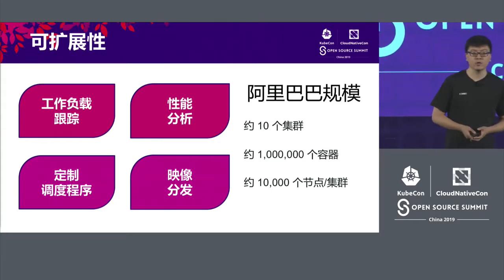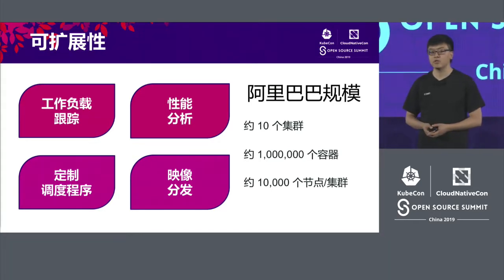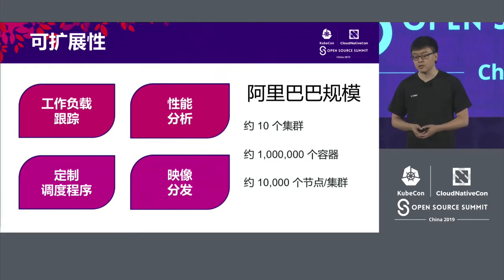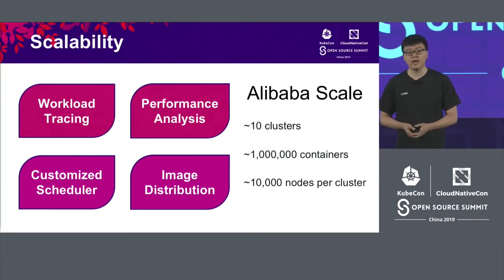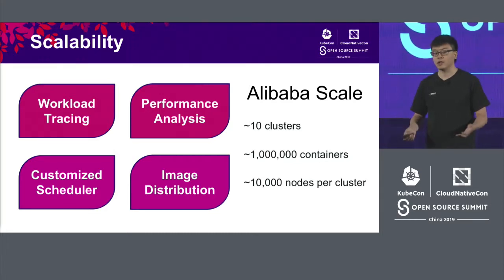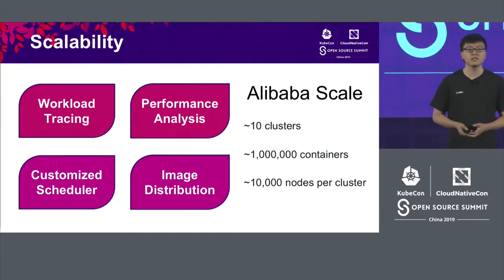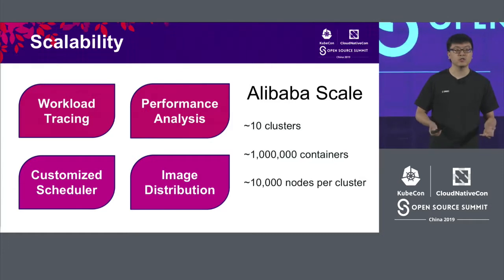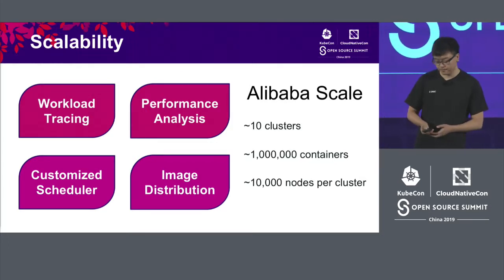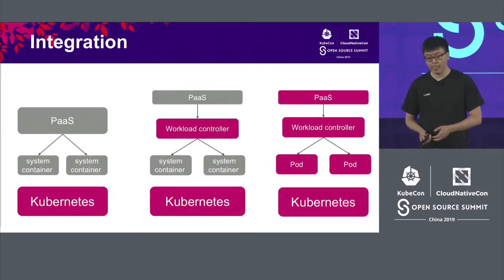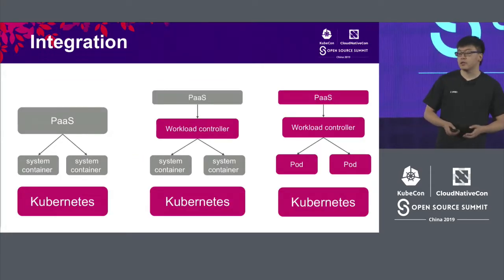We have our own P2P dispatcher. And of course, I think Kubernetes can work very well. I think that Kubernetes is able to support most scenarios worldwide. So scalability is no longer a problem for Kubernetes.